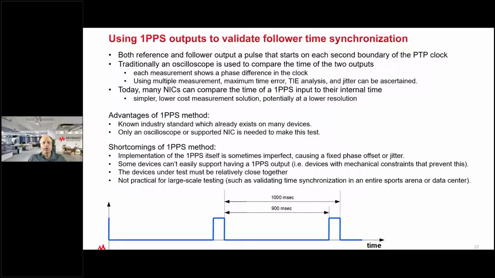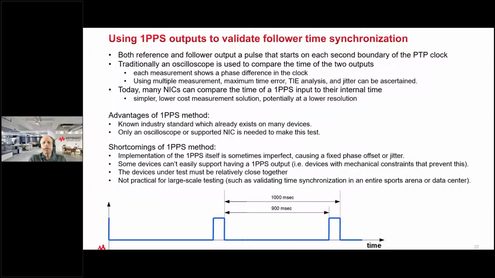Of course, the oscilloscope will potentially give you a higher precision. If you need the femtosecond precision, using an oscilloscope will often be a better technique. But in most cases, using a NIC is adequate. The shortcoming is that the 1 PPS itself is often imperfect.